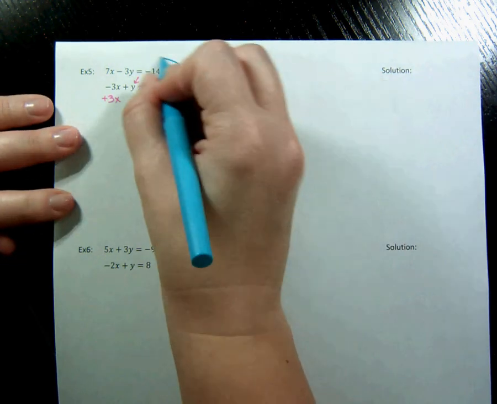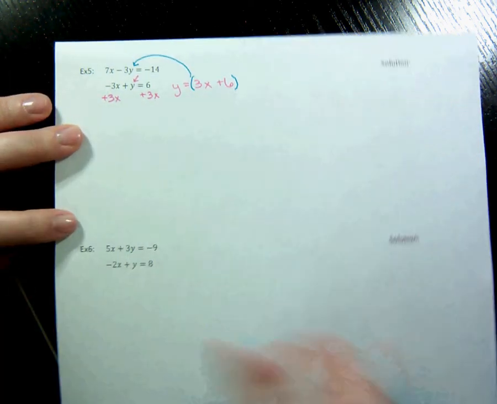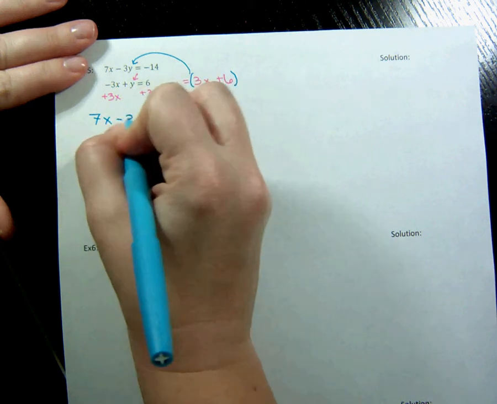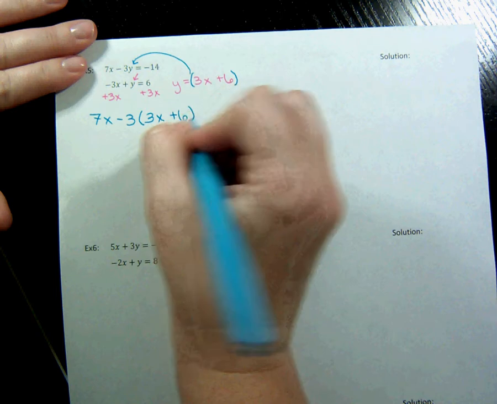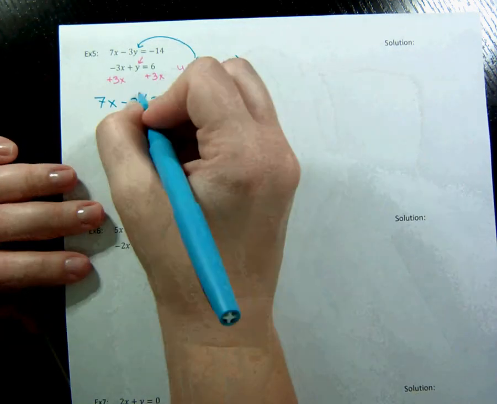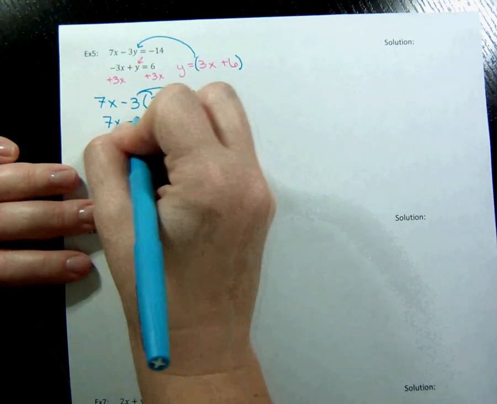I'm going to replace the y value in the first equation with that equivalent expression. So I have 7x minus 3 instead of y. I'm going to put 3x plus 6 equals negative 14. Then I'm going to distribute that negative 3, just using our solving skills.